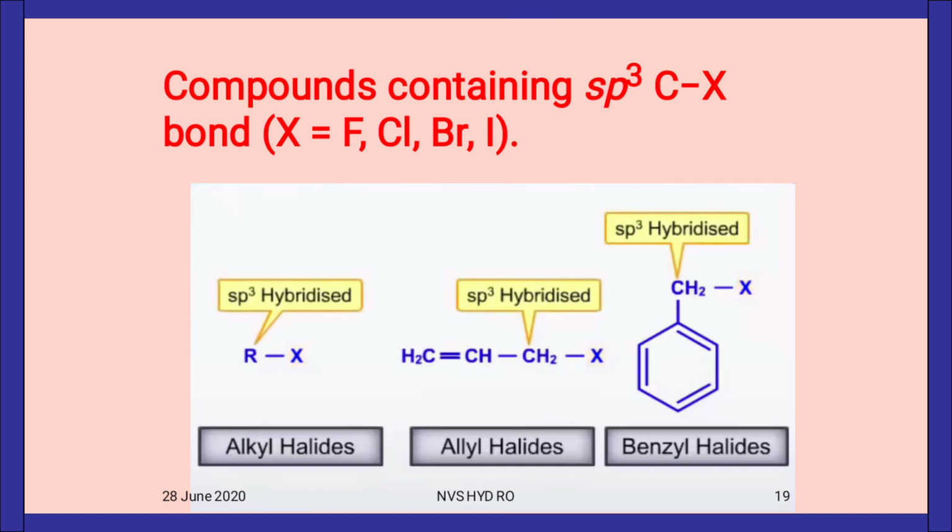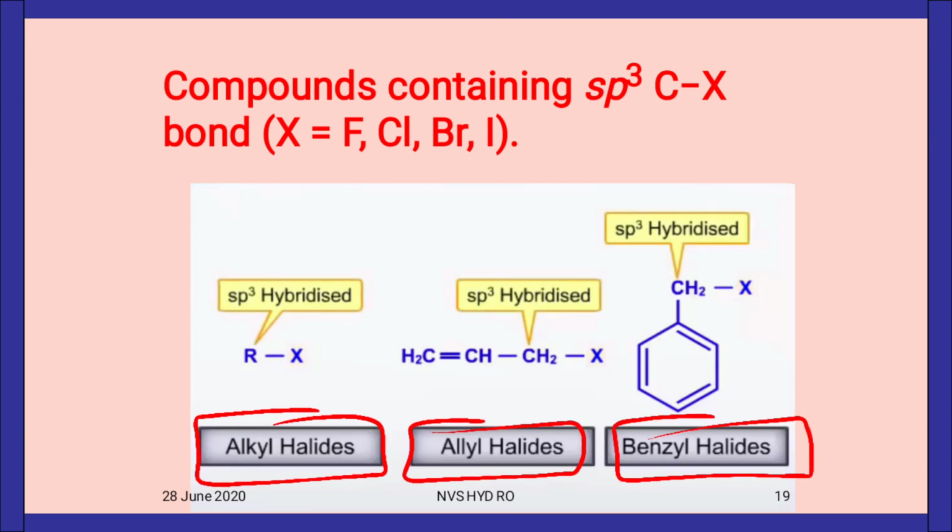So here come your alkyl halides. What are alkyl halides? What is an allylic halide and what is a benzylic halide? So this is basically how you can classify it further.